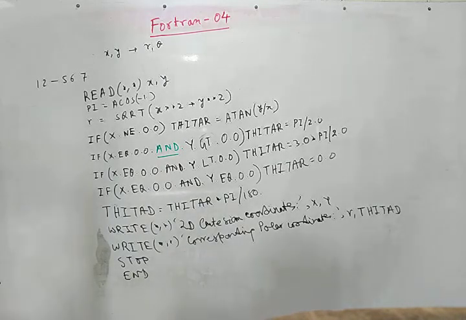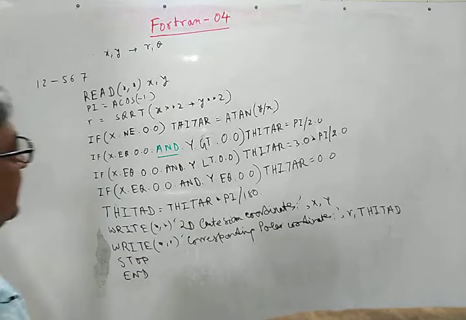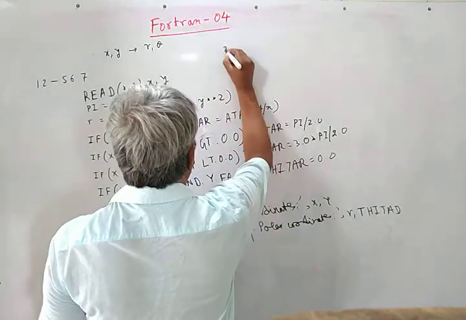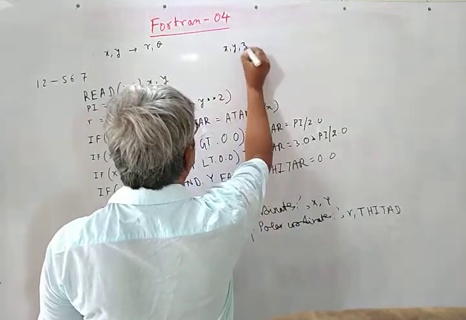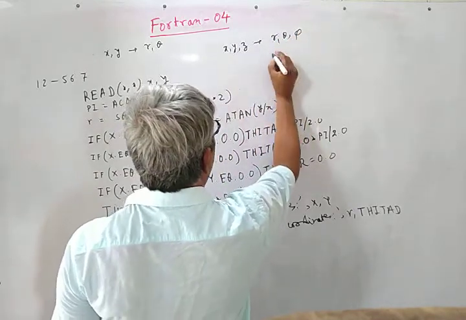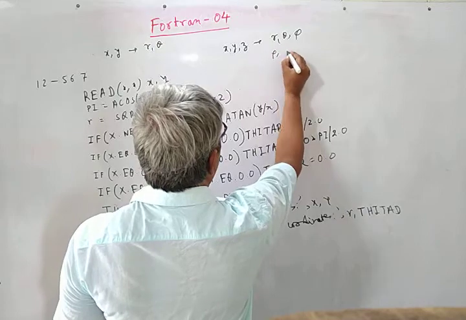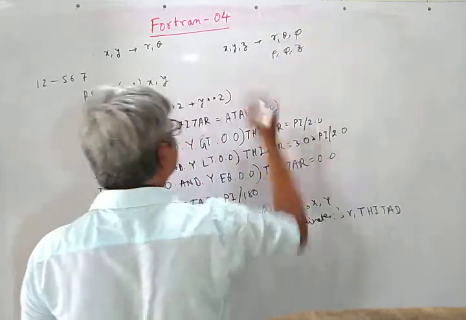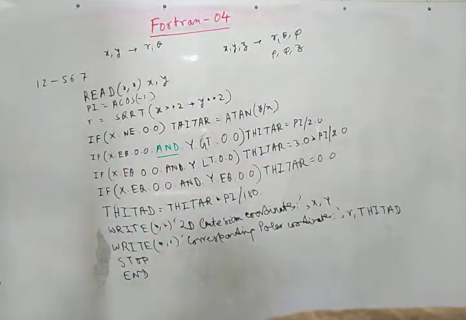Then there are similar problems. You may consider transformation from xyz to r theta phi, that is Cartesian to polar, or you may go to rho phi z. These are simple examples.